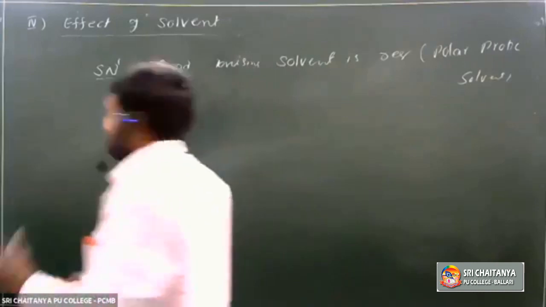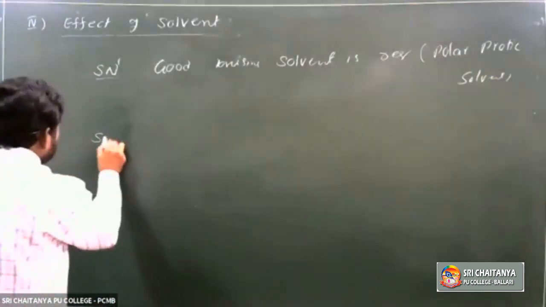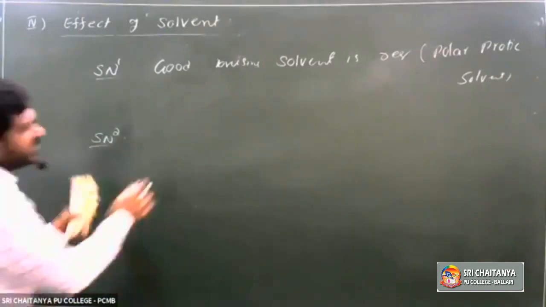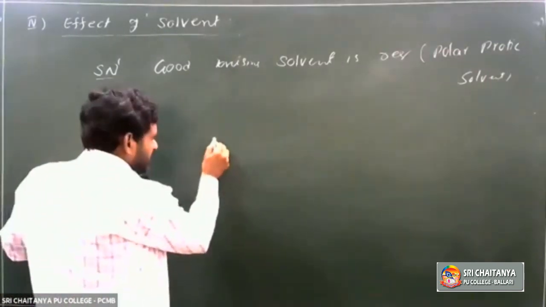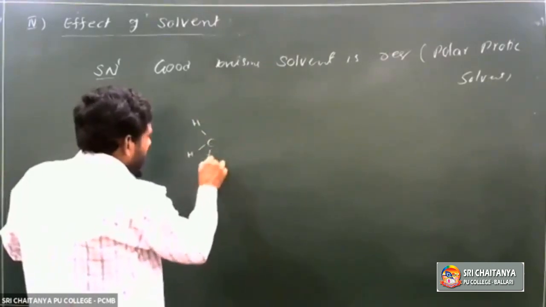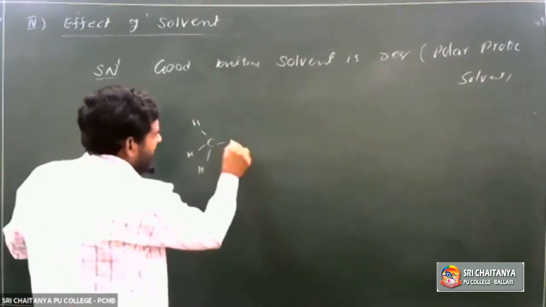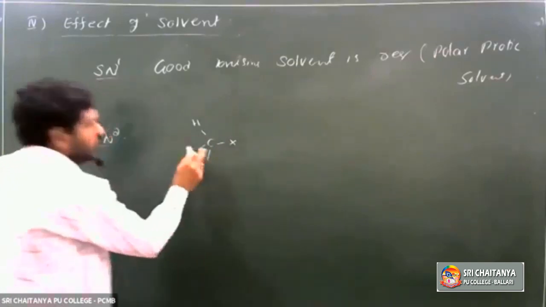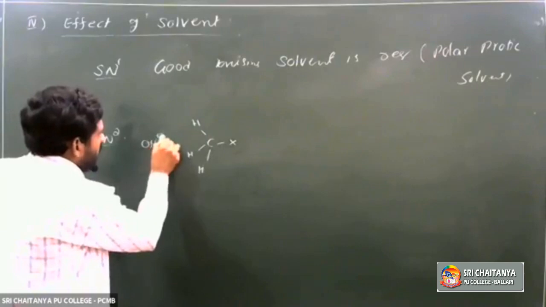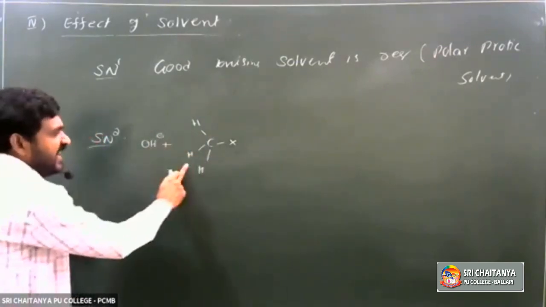Okay. Next, in case of an SN2 reaction, this reaction takes place in a single step. Consider methyl chloride or a methyl halide. The SN2 reaction depends on the concentration of the nucleophile and the concentration of the alkyl halide.